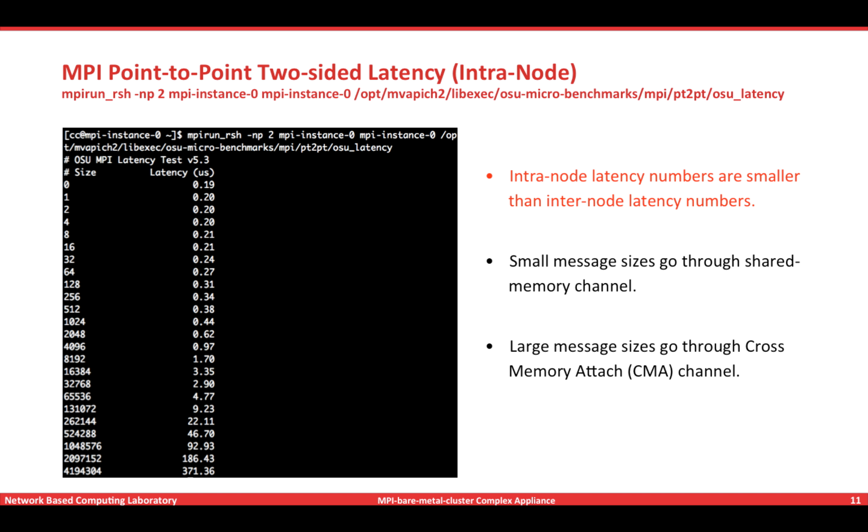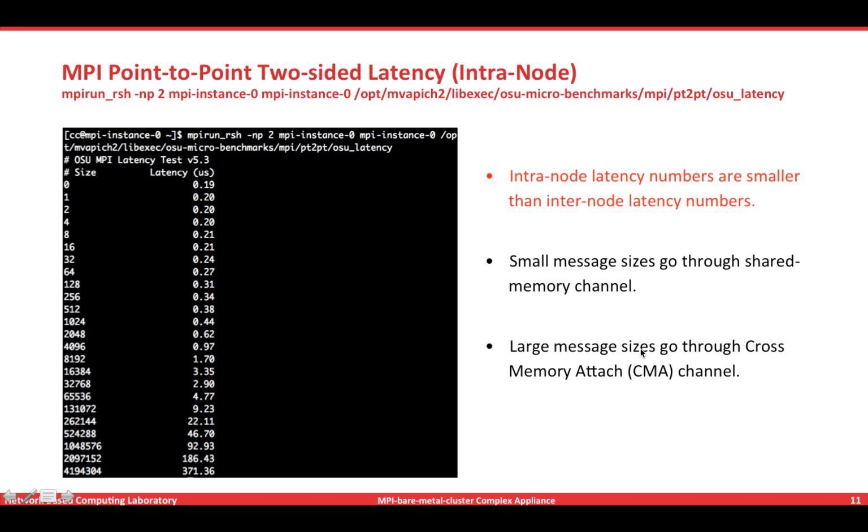The main reason is that in our MVAPICH2 library, as long as we see that the two MPI processes are in the same node, we automatically make sure that the communication between these two processes goes through either the shared memory channel or the Cross Memory Attach (CMA) channel. For small message sizes, the communication goes through the shared memory channel.